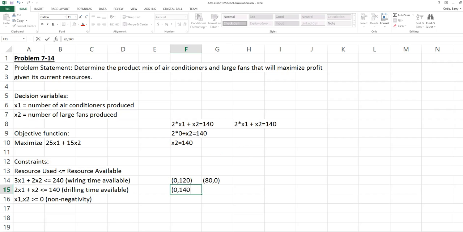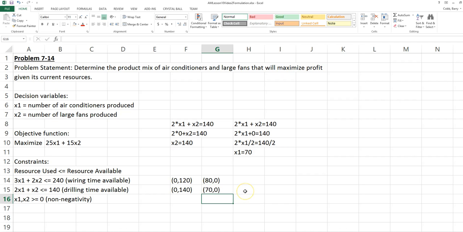So 0 and 140 is 1 point on the drilling time constraint line. If we substitute 0 for x2, we need to solve for x1 by dividing both sides by 2. So the second point on the drilling constraint line is 70 and 0.